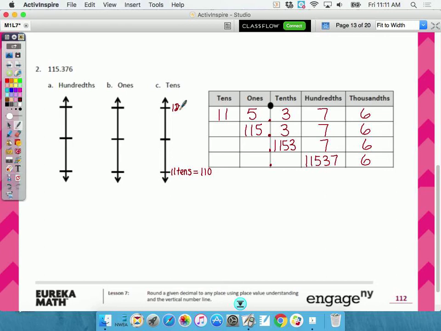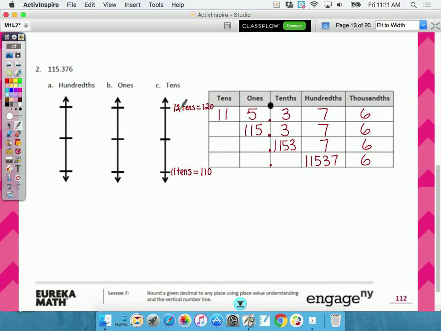No. 12 comes after 11, right? And that would be 120. Let me fix that too. So 11 tens, 12 tens comes after. Now, don't make this harder than it is.